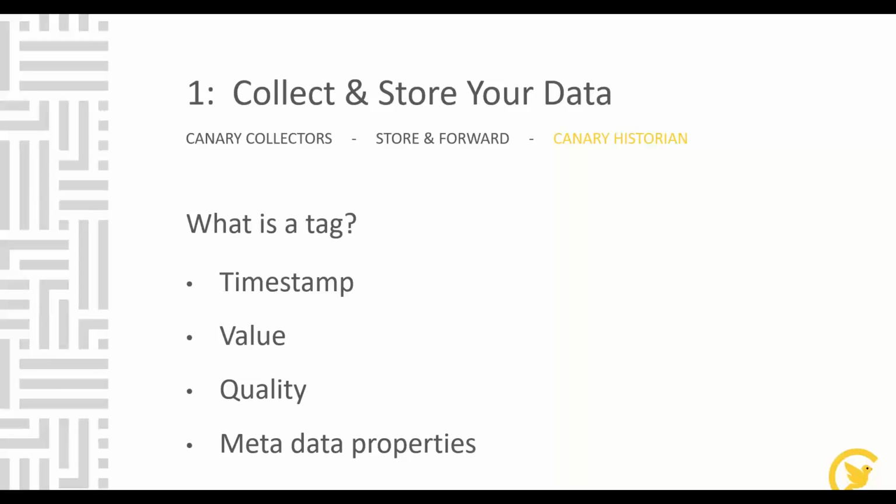You can compare it to going for a check-up every day: as a human, you have your blood pressure, your cholesterol level, your pulse, which are the human health data. But a machine or a sensor carries the same kind of data to tell you what status it is in now. That's why timestamp, value, quality, and metadata are pretty much the standard time series values carried by a tag.